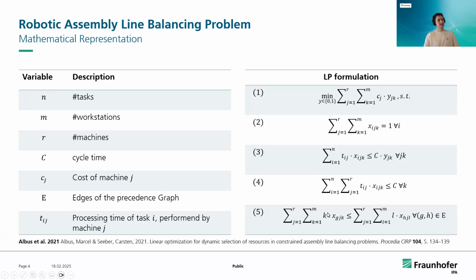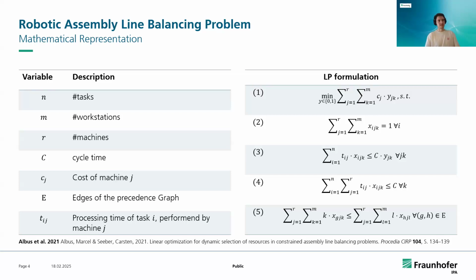So my colleagues, Marcel Albus et al., already formalized this as a linear program. The goal is to minimize the equipment costs of the assembly line, so just the initial cost, subject to a couple of constraints. The first constraint, labeled number 2, makes sure that each task is processed exactly once.